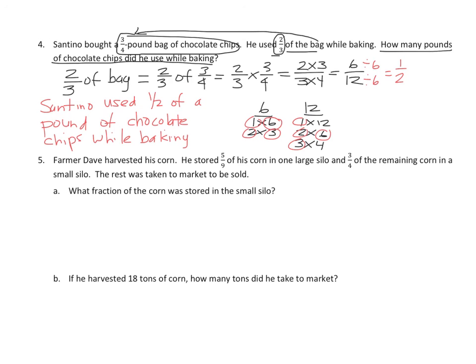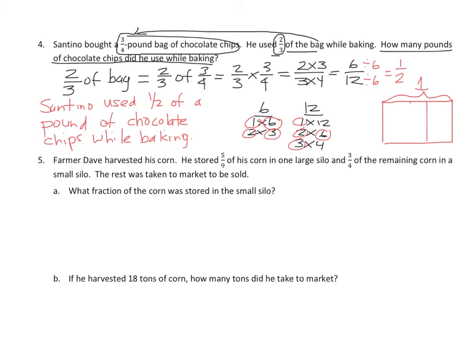Some of you might be saying, well, if it tells us how much he used, 2/3 of the bag, how come the answer is not 2/3? The reason, really quick to show you, is that technically here's a whole bag of chocolate chips, a whole 1 pound bag. But Santino did not really buy a whole bag.